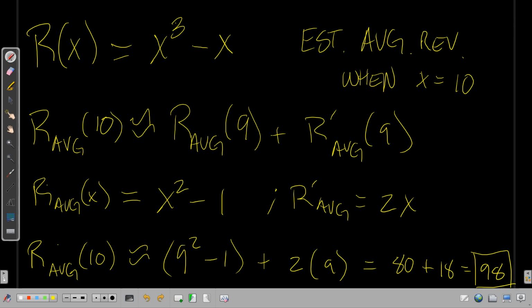In some of the problems on part 1 of assignment 3.1, they want you to estimate the total revenue when it's 10 units.